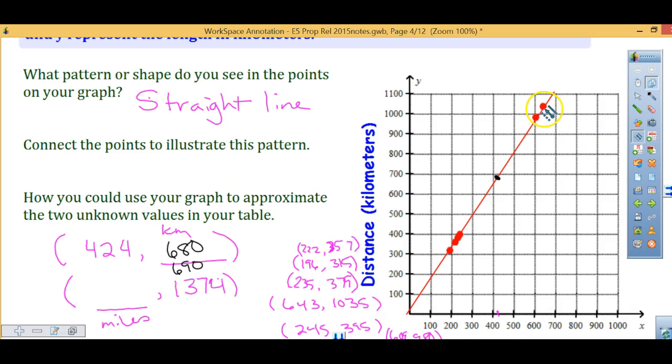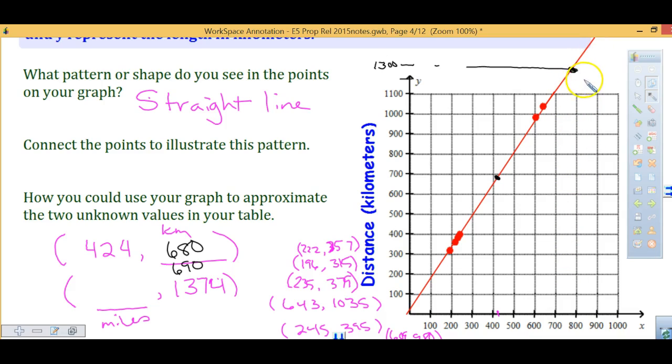And we can do that. If I keep going along that same line, I might see that 13, so this is 11, 12, 1300 is going to be up here. Now I'm going to go across from that point, and maybe around 800.